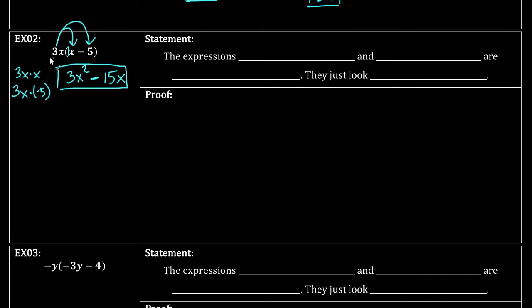So let me summarize again. 3x times x is 3x squared. 3x times minus 5 is negative 15x. This means that the expressions 3x times (x minus 5) and 3x squared minus 15x are equivalent. They just look different.